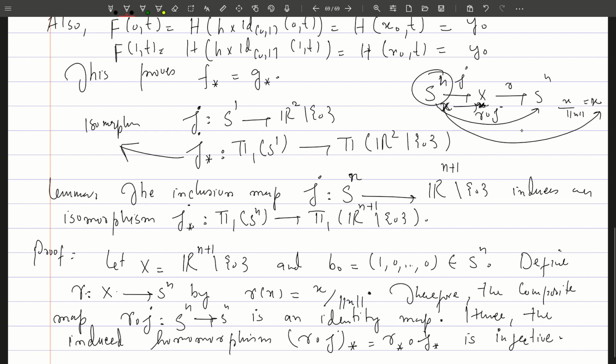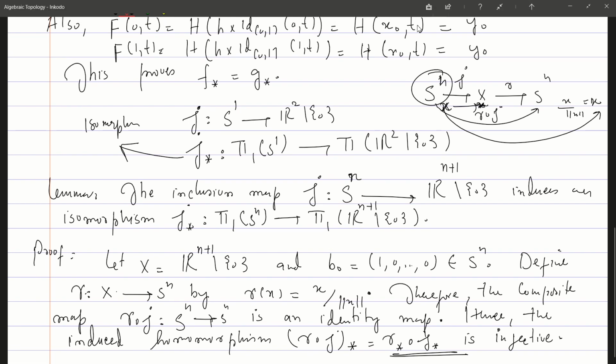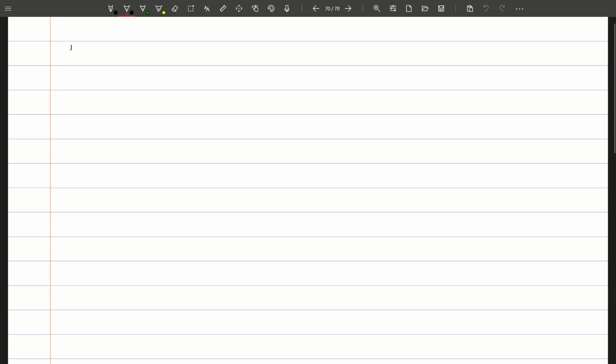Now this map being injective implies J star is injective. Hence J star is a monomorphism, I mean, an injective homomorphism. So this is what we proved earlier.